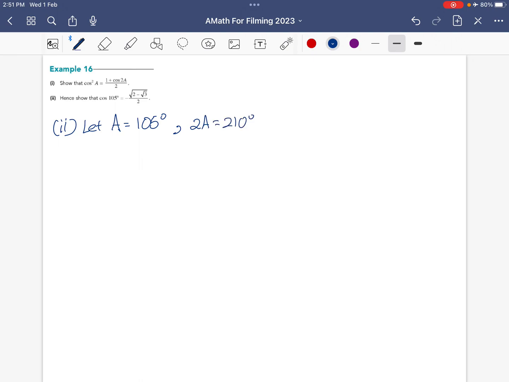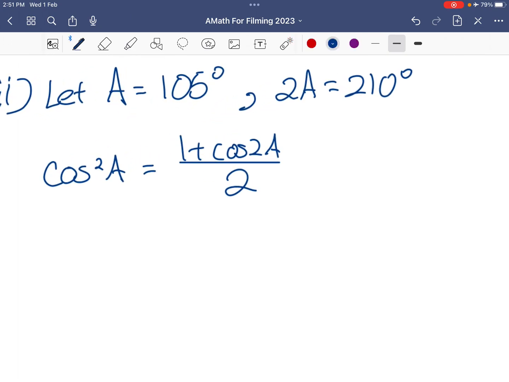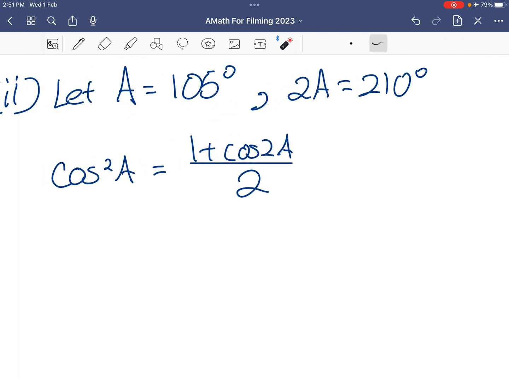If A is 105, this implies that 2A is equal to 210 degrees. If I start here, I will say that cosine squared of A equals 1 plus cosine 2A divided by 2. I'm just using what we have proven in part 1 itself.